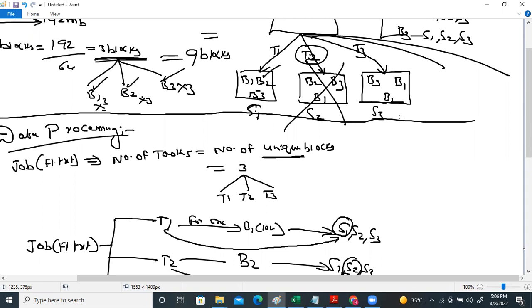They are distributed across the slaves. Everything depends on the master node, which has total control over the slaves, right? About the storage, what is the storage level?